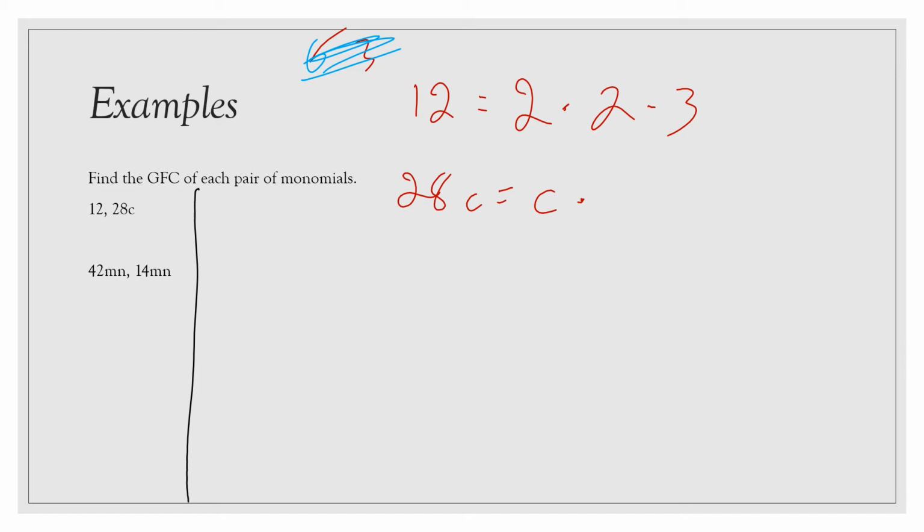Can 28 be divided by 2? Yes, it can. So 2. 28 divided by 2 is 14. So we're thinking about 14 now. Okay, so now what can we do with 14? What's the smallest number that 14 is divisible by?